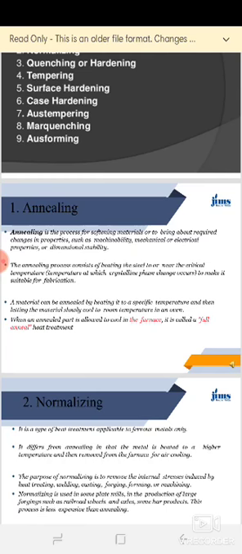Critical temperature is the temperature at which the crystalline phase changes, to make it suitable for fabrication. A material can be annealed by heating it to a specific temperature and then letting the material slowly cool to room temperature in an oven. When an annealed part is allowed to cool in the furnace, it is called the full annealing heat treatment process.